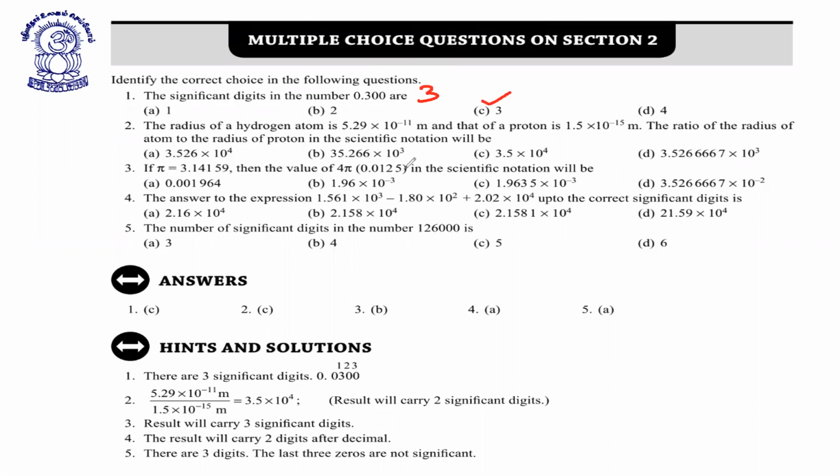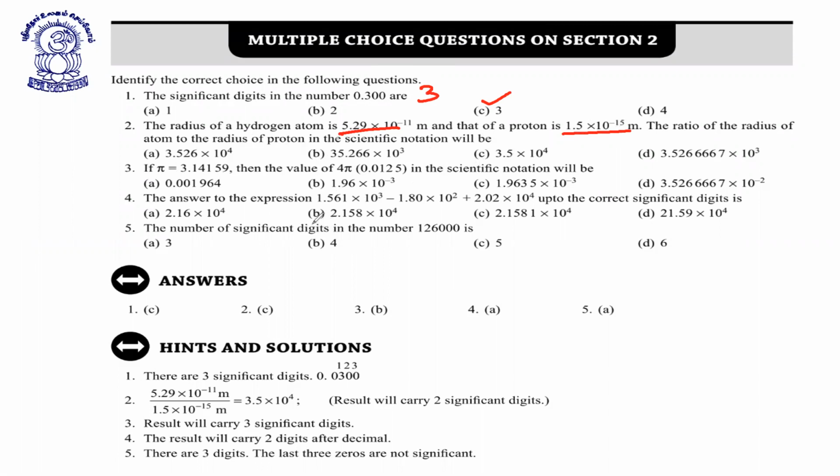Next, second one. The radius of a hydrogen atom is 5.29 × 10 to the power of minus 11 meters, and that of a proton is 1.5 × 10 to the power of minus 15 meters. The ratio of the radius of the atom to the radius of the proton in scientific notation. So scientific notation means we have to convert the answer into tens power.